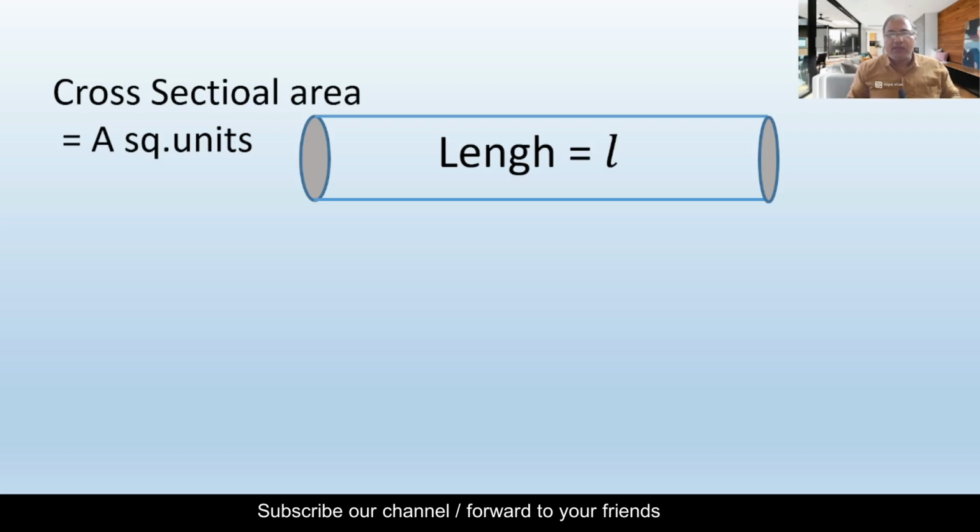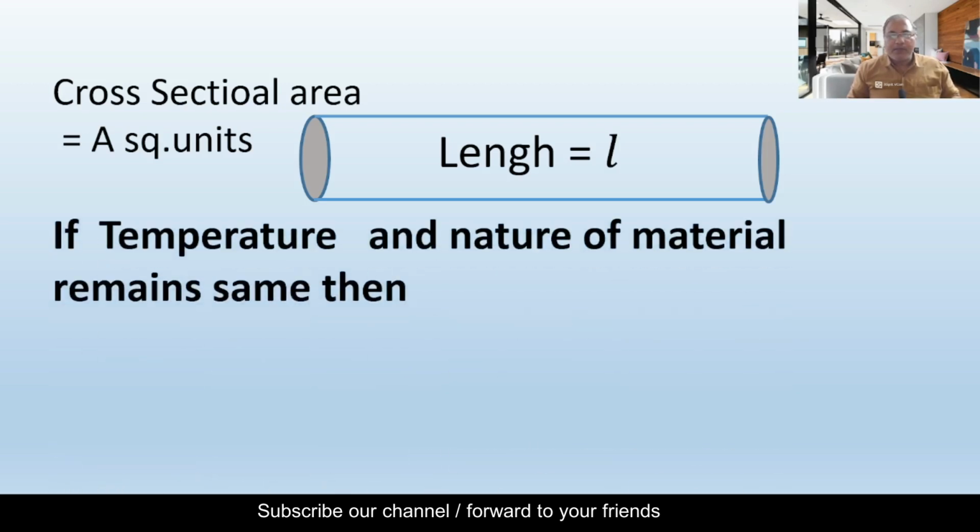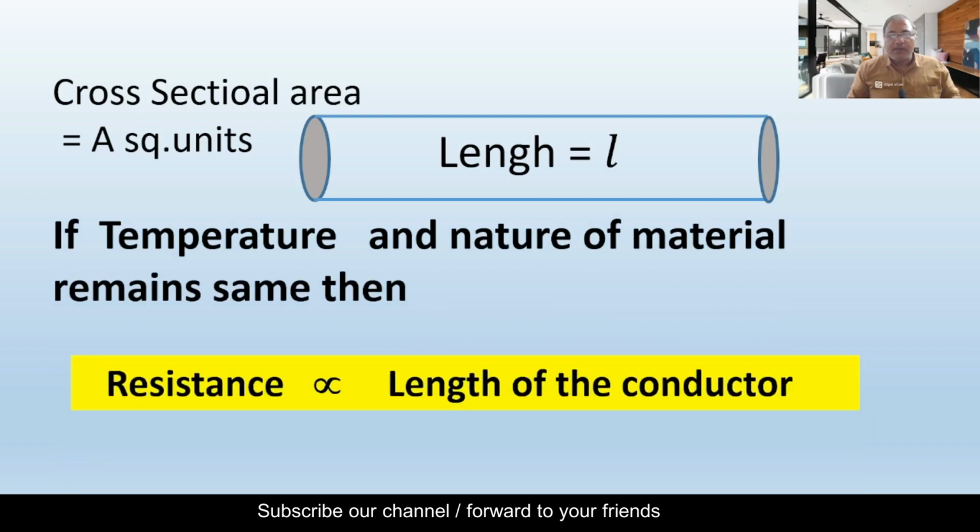As long as I do not change the metal and as long as I do not change the temperature of the material, then resistance is directly proportional to the length of the conductor.